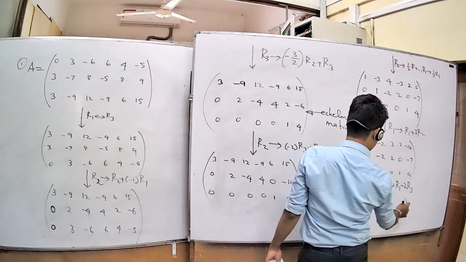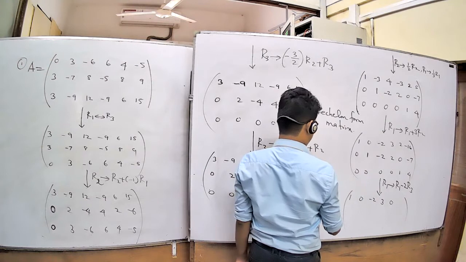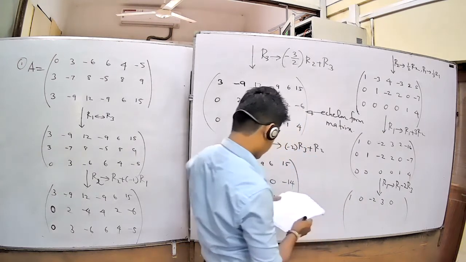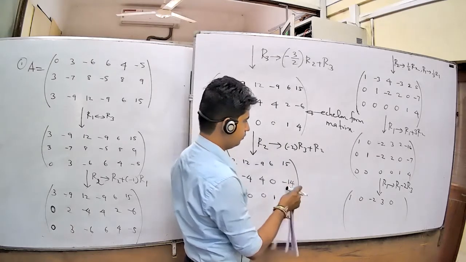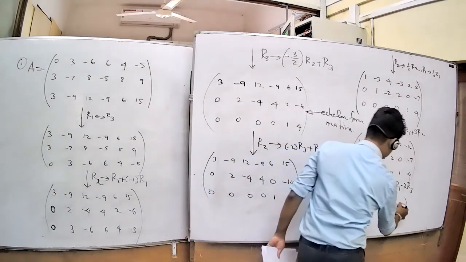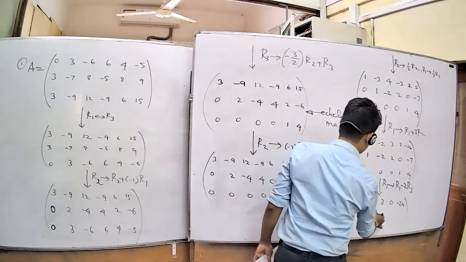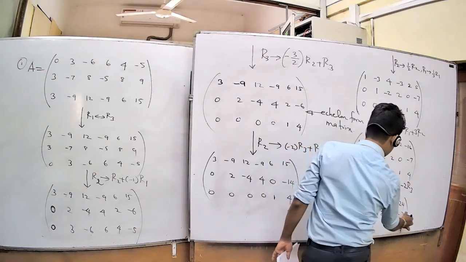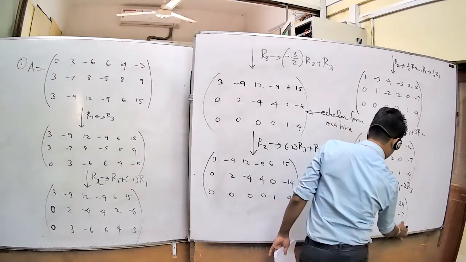What is the value you get? Minus 4, 24, no? Minus 24, 0, 1, minus 2, 2, 7, minus 6, 0, 0, 0, 0, 1, 4.